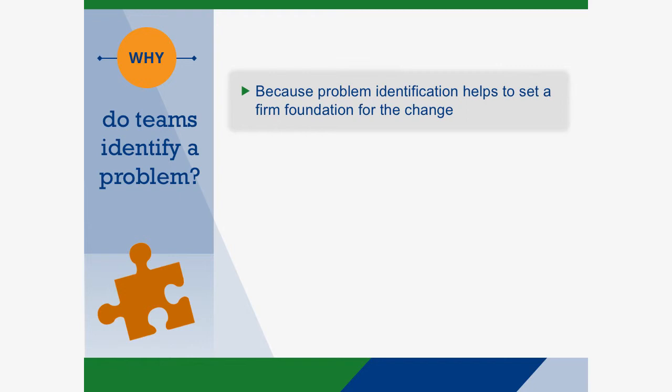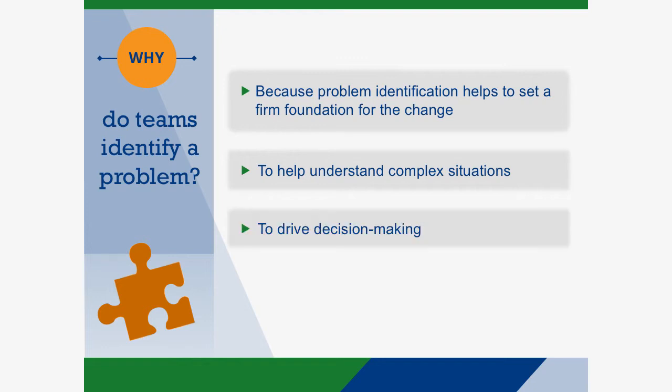Effective change and implementation centers on the use of quality data to better understand complex situations and to inform decision-making. Data helps to demonstrate there is a problem, to understand the nature of the problem, to explore the underlying root cause or causes of the problem and contributing factors, to determine who is most affected by the problem, to examine areas of strong practice, and inform an appropriate response.